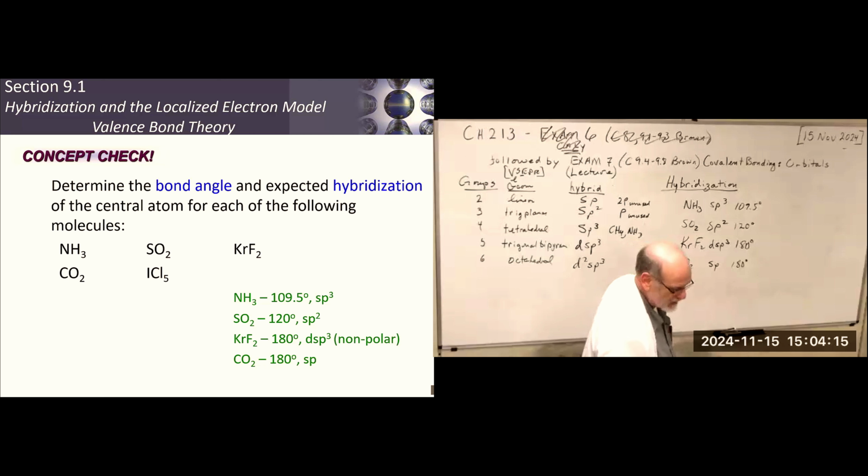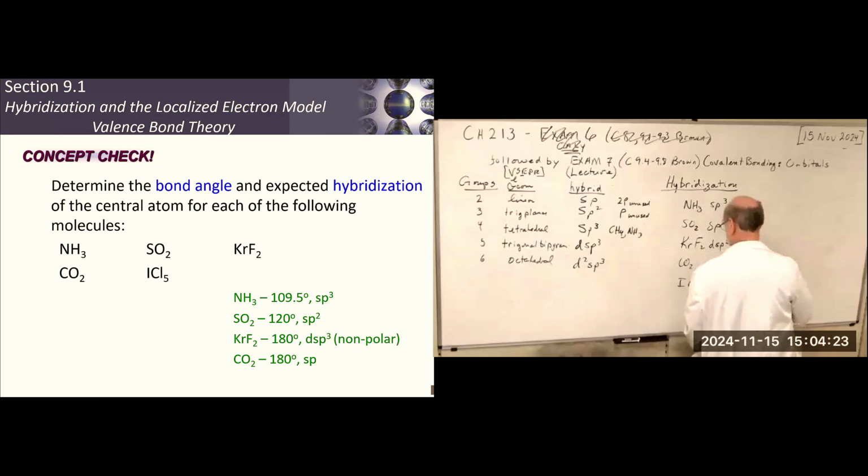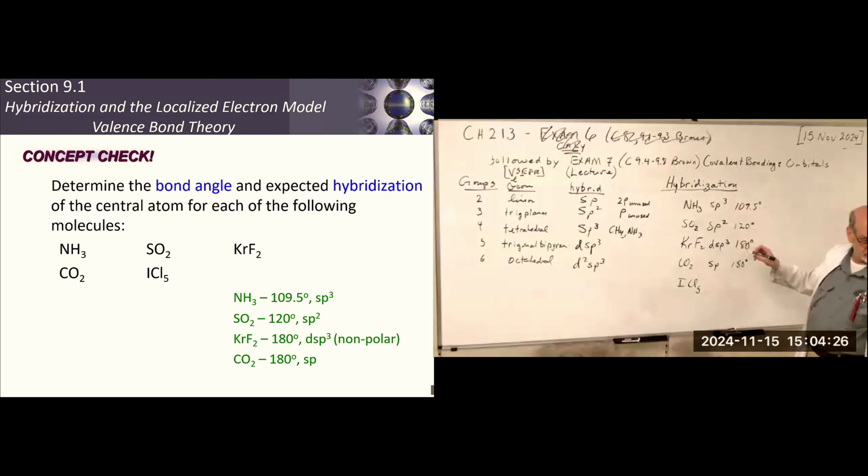Okay, and then ICl5, iodine pentachloride. So that's 6 times 7 is 35. We have an iodine in the middle, 5 chlorines. Wait a minute.